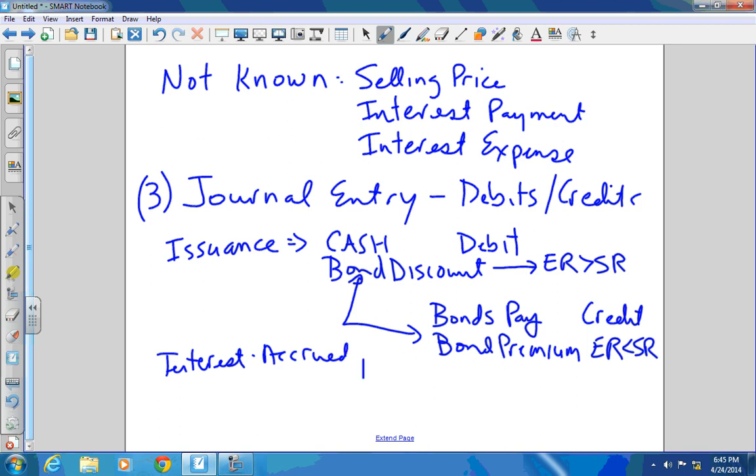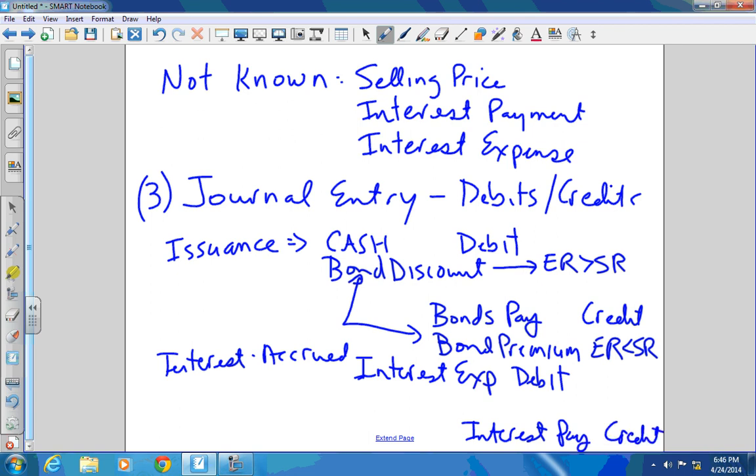We're going to have interest expense that's going to be the debit. We're going to have interest payable. That's going to be our credit. And then we're going to have amortization. And remember, the amortization depends on whether it's a discount or a premium. And so that's what we need in terms of accounting.